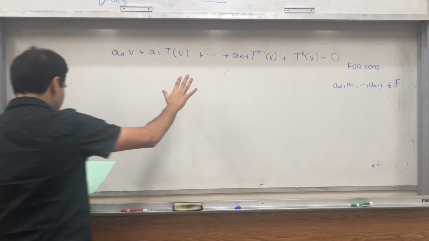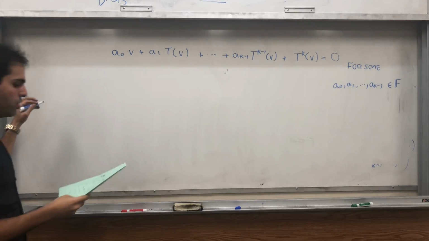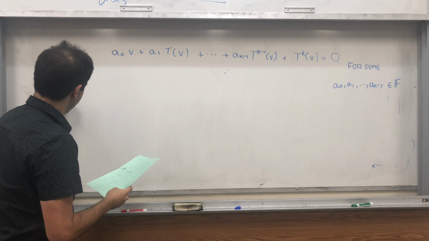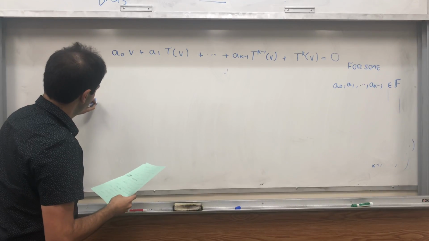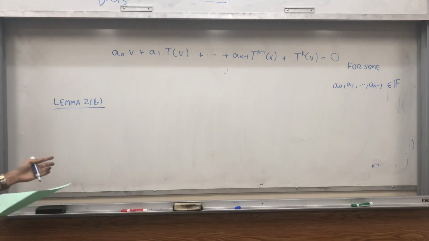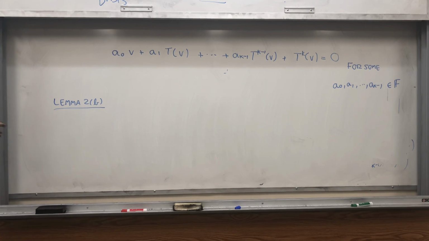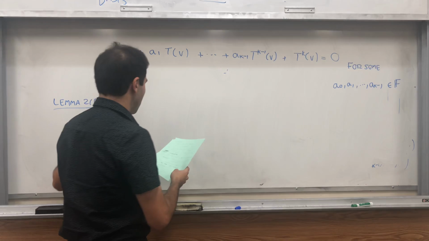All right, in particular, we can use lemma 2b that says, because we have this relationship, we know what the characteristic polynomial of T restricted to W is.